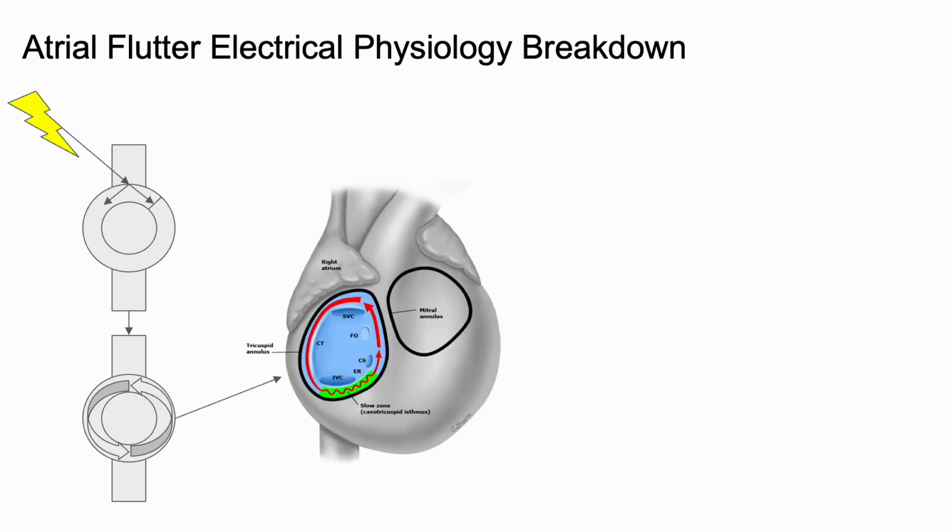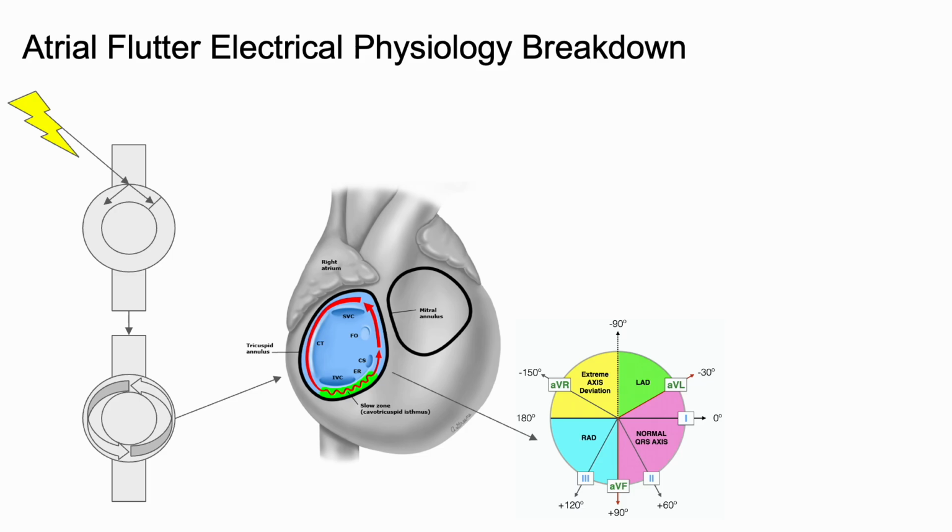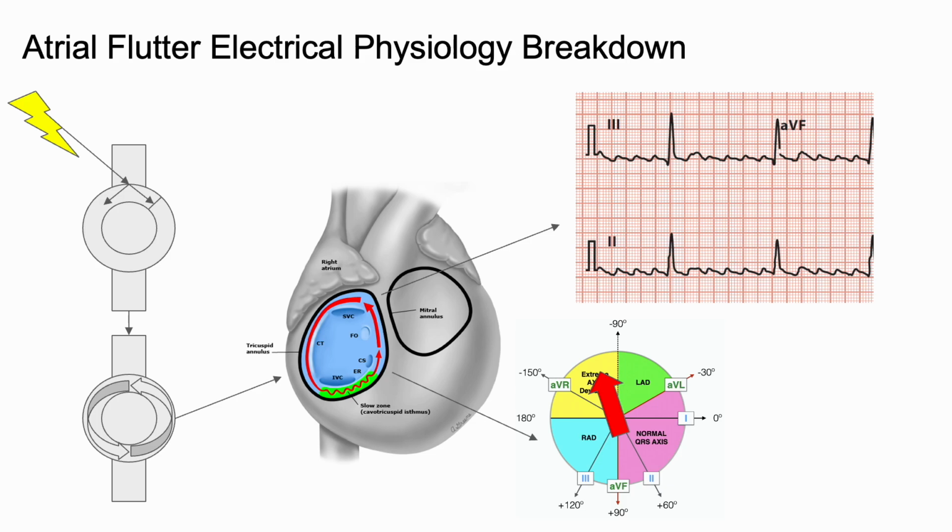It will intermittently get conducted through to the ventricles based on AV nodal conductance. This translates on EKG to flutter waves which are regular and consistent at about 300 BPM, which is classic for flutter. Intermittent conduction through the AV node is typically observed classically in a 2-to-1 pattern, leading to a ventricular rate around 150.